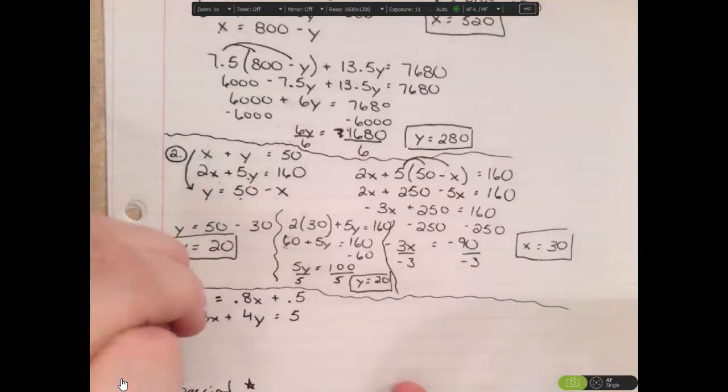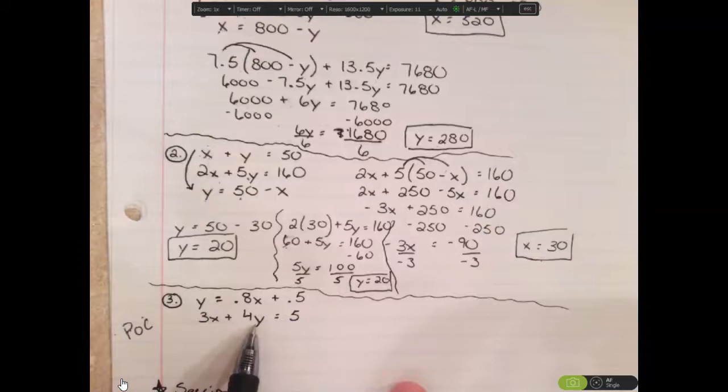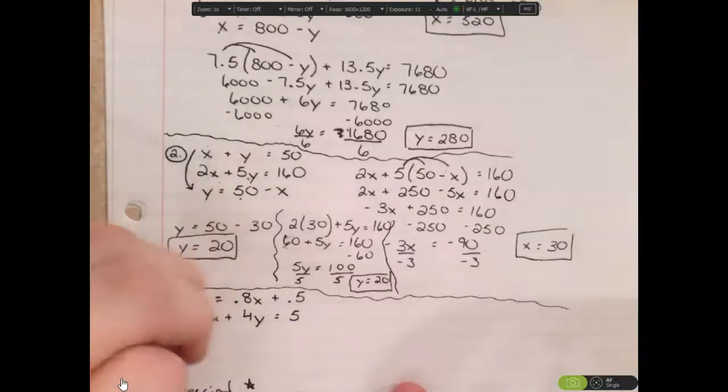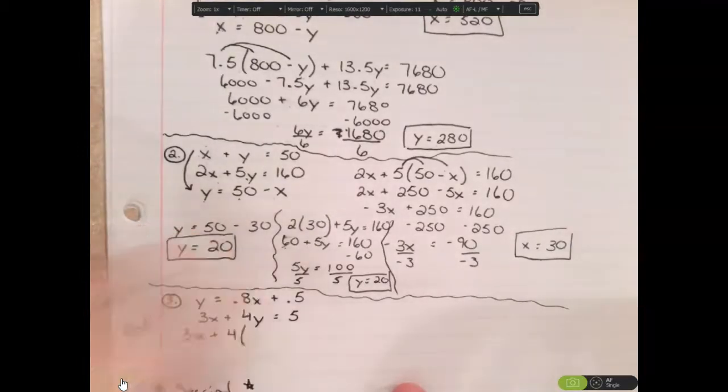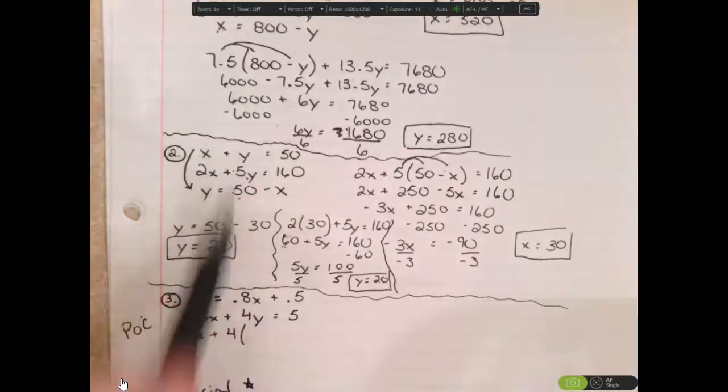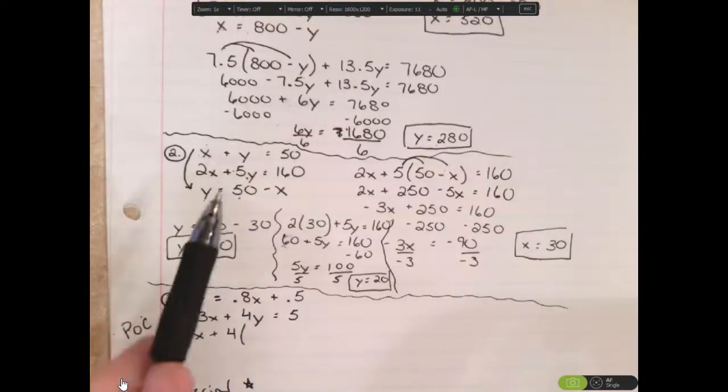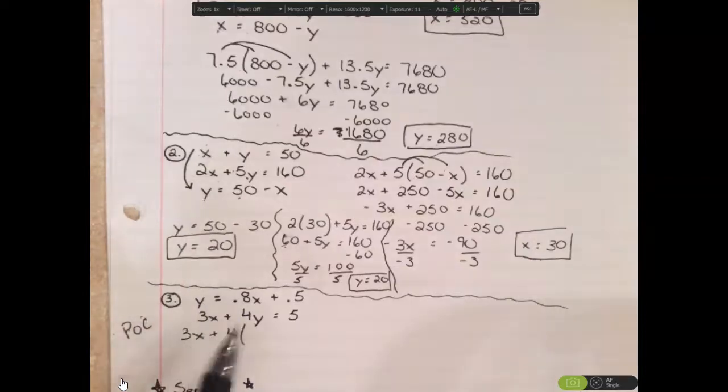So, if I plug y into everywhere I see a y, I'm going to get 3x plus 4, and then I begin to substitute. On every one of these problems, guys, when I have substituted and I've plugged it in, notice I've been putting parentheses.